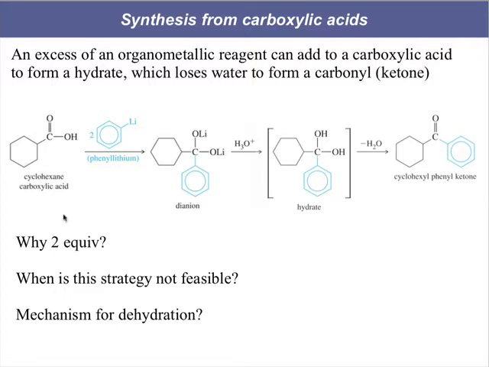So why two equivalents? We talked about that because we have to use up one of our equivalents to deprotonate the carboxylic acid hydrogen. This strategy may not be feasible if your, say, lithium reagent is expensive.